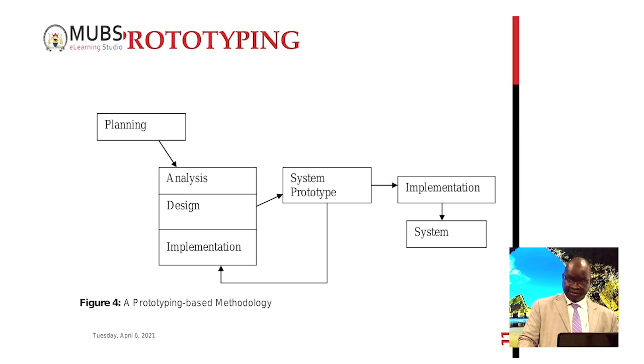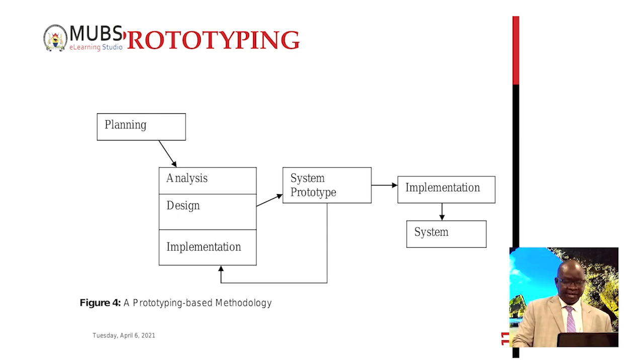So this is what happens. Under prototyping, a general planning is done. Identify the problem, do feasibility studies if necessary, then come up with your project management plan.